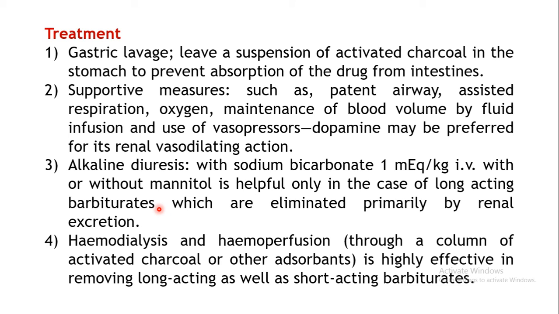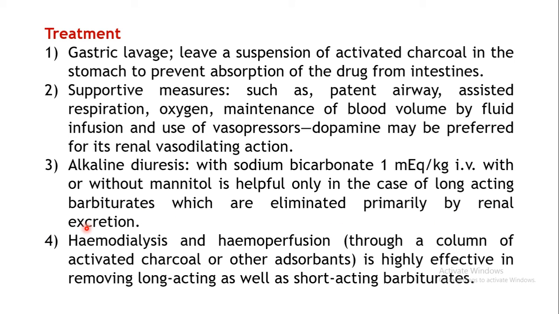So in this particular situation, barbiturate poisoning, if you alkalinize the urine, what will happen? Barbiturates are acidic in nature, so when they encounter alkaline urine, they will be more in the ionized state. Their reabsorption will be prevented and more barbiturates will get eliminated by renal excretion.